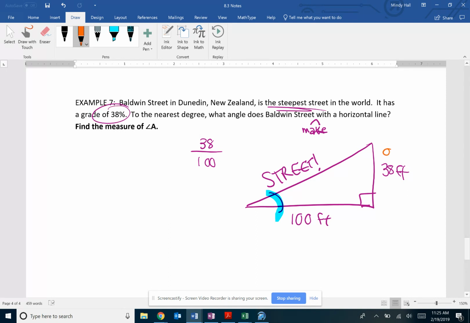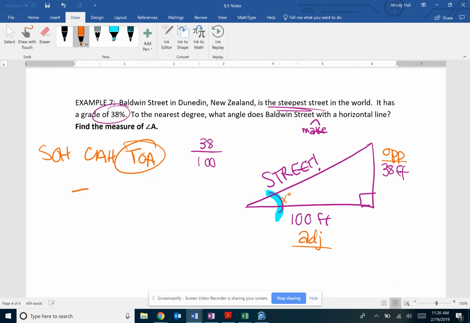Actually, let's do orange. And adjacent. So again, you're using sine, cosine, or tangent. Because I am given opposite and adjacent, I know I'm going to need to use tangent. But because my unknown is in degrees, I'm going to use the inverse tangent or arctangent.